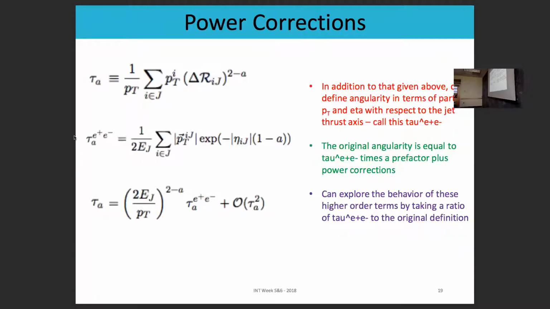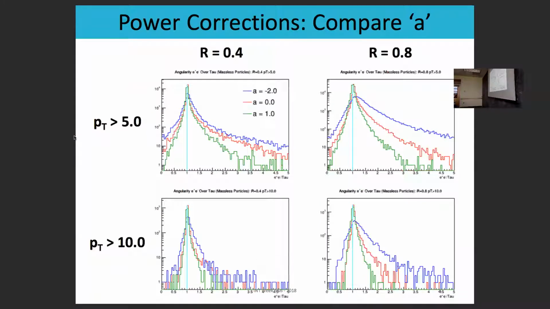All right, so if I form this ratio, I can just plot it for two R values: R of 0.4 and R of 0.8, jet PT above 5 and jet PT above 10, and then three representative values of A: -2, 0, and 1.